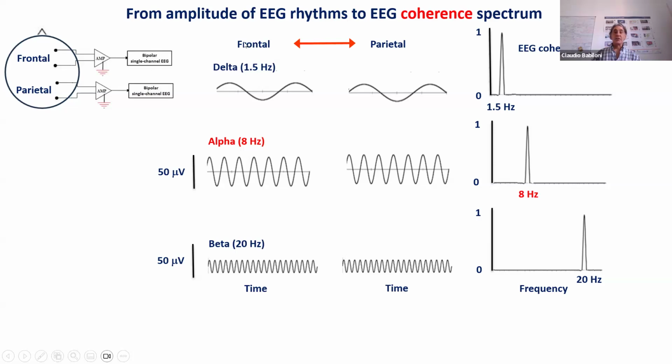For example, you see in the picture a sketch of mathematical simulations of elementary oscillations in the EEG activity, for example, 1.5 Hz in the frontal bipolar channel in the delta band.